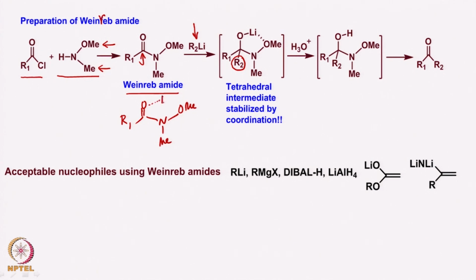One can have such coordination, and this leads to an increase in the electrophilicity of this carbon atom, where the nucleophile R2 minus attacks, and the reaction leads to the intermediate which is now stabilized by coordination.